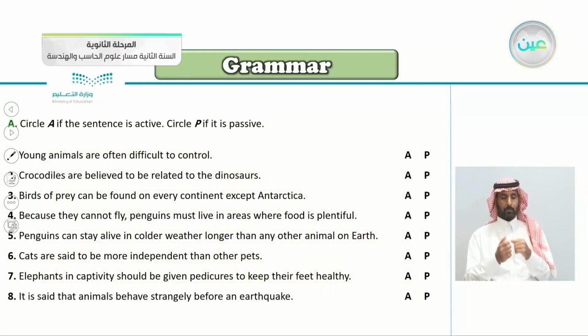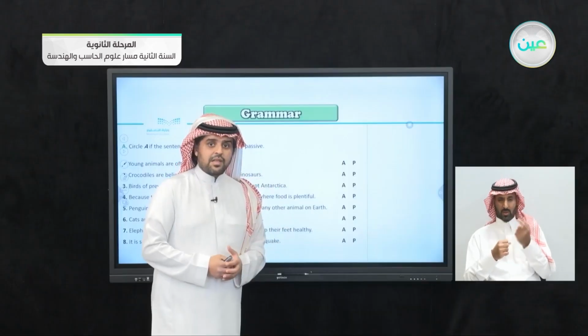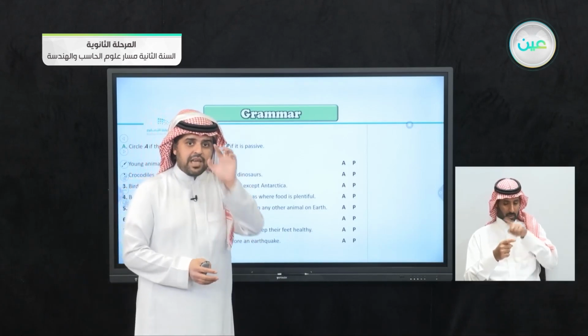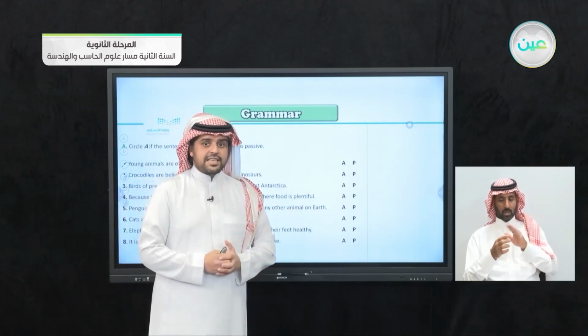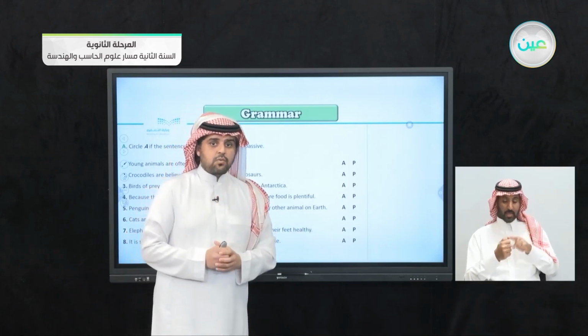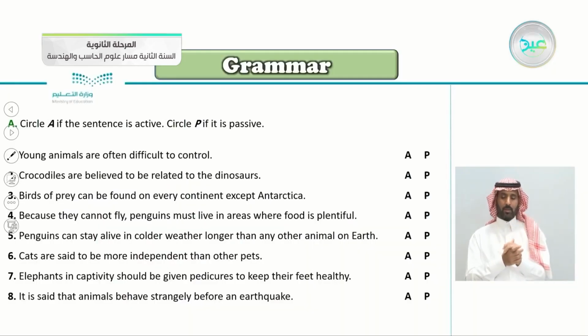So exercise A here, circle A if the statement is active, P if passive. So we'll be reading all of these statements. If it is an active statement, just circle the A for active. If it is a passive statement, just circle the P for passive.